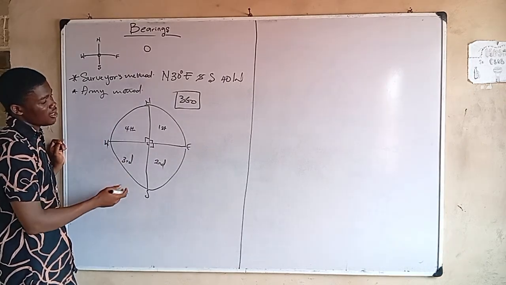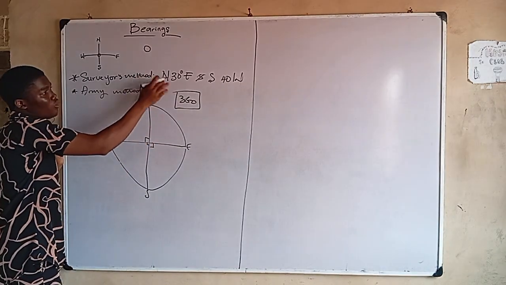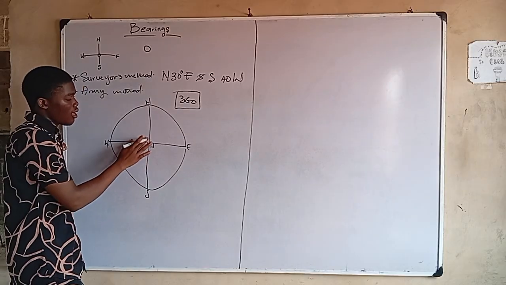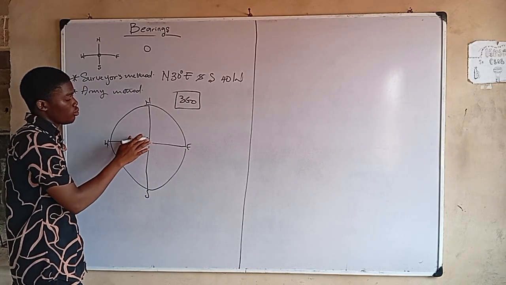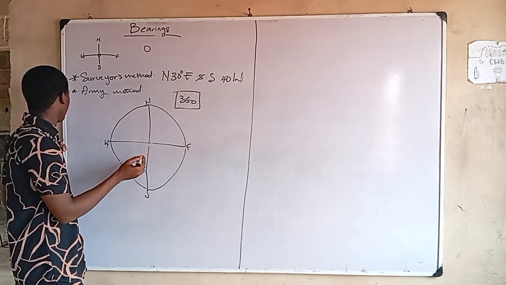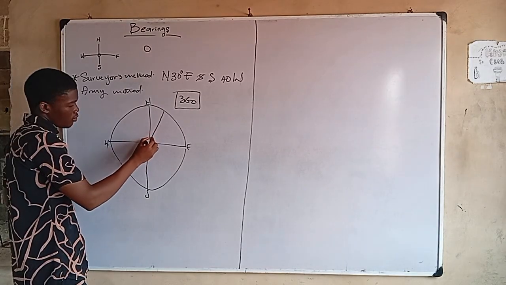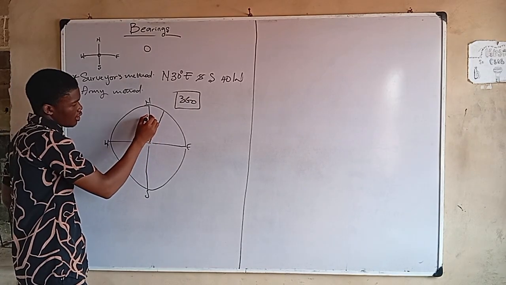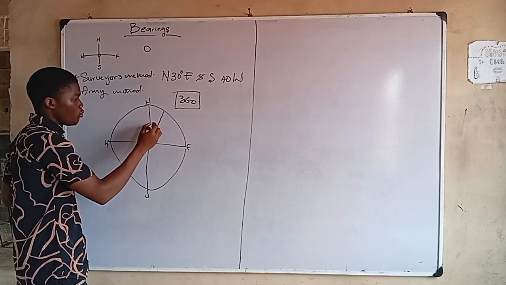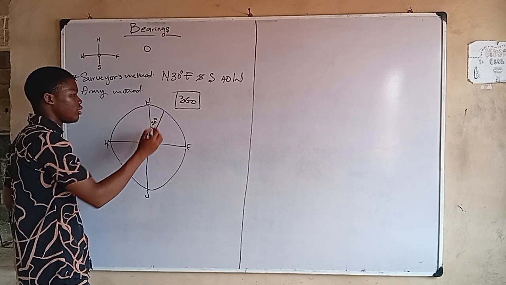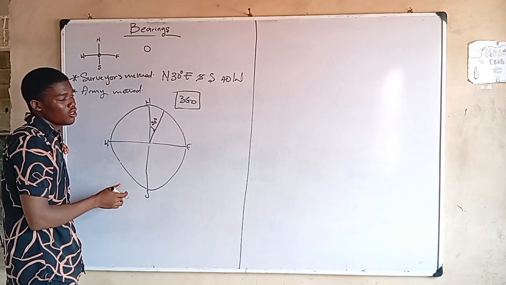That is why we have something like north 30 degrees east. If it was with a ruler, you would divide it over. Our line is from here to here, so north 30 degrees is somewhere like this. This part is 30 degrees because you are moving to the north.